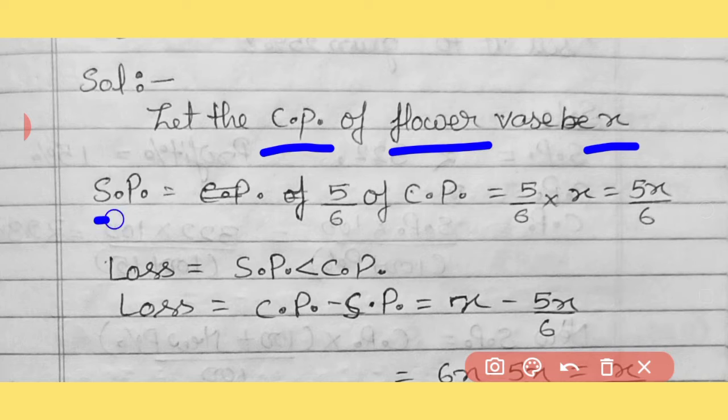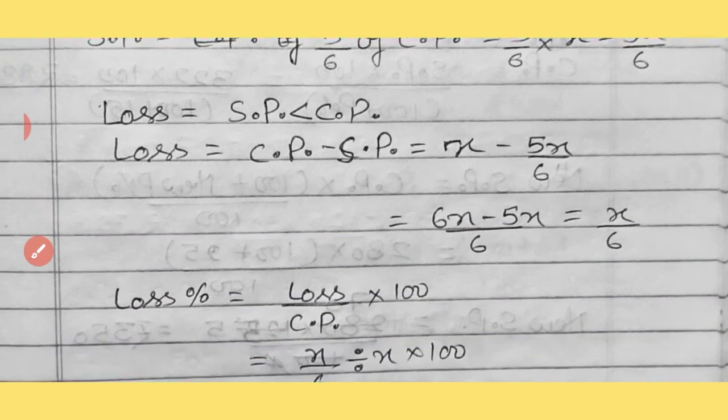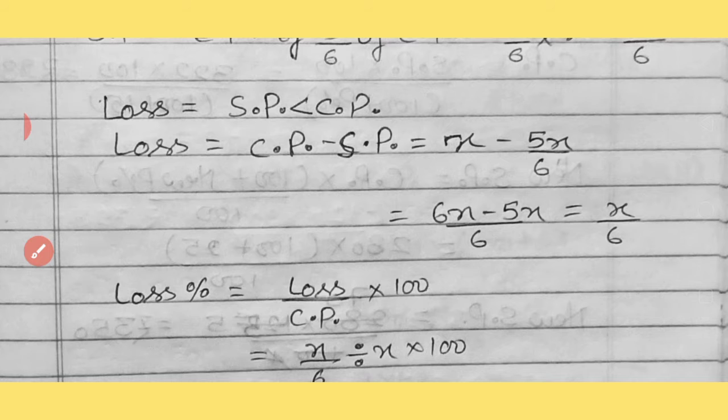So SP, the selling price, is 5 by 6 of CP. So 5 by 6 multiplied with X, so it becomes 5X upon 6. So how will you get the loss? Loss means CP minus SP.